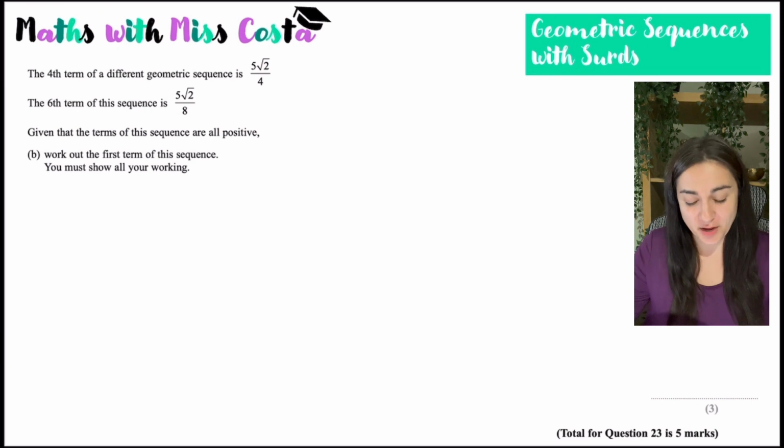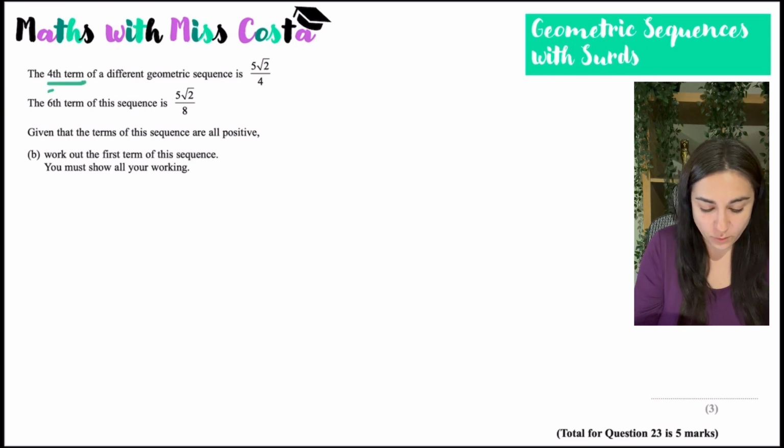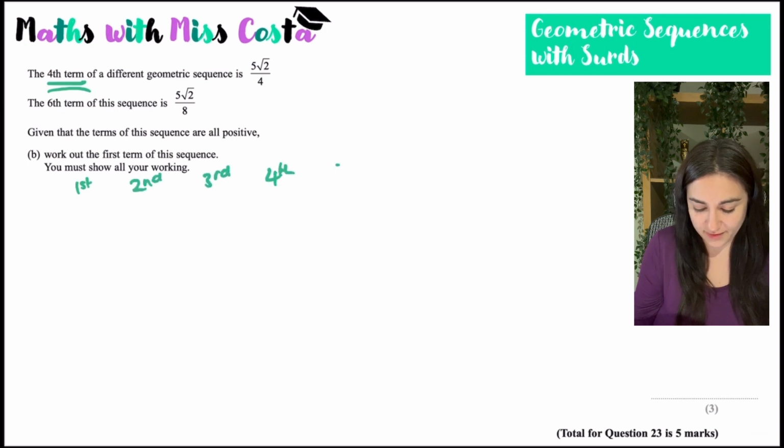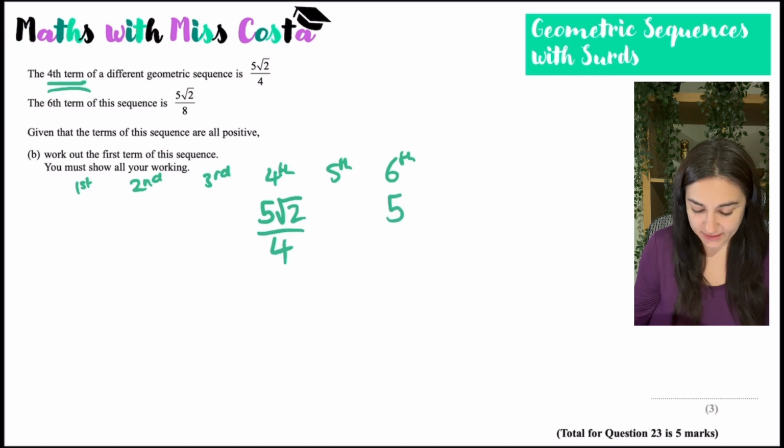Okay, so the next part of the question, I'm told that the fourth term of a different geometric sequence is 5 root 2 over 4. So I've got my first term, second, third, fourth, fifth, and sixth. I know the fourth term is 5 root 2 over 4, and that the sixth term is 5 root 2 over 8.